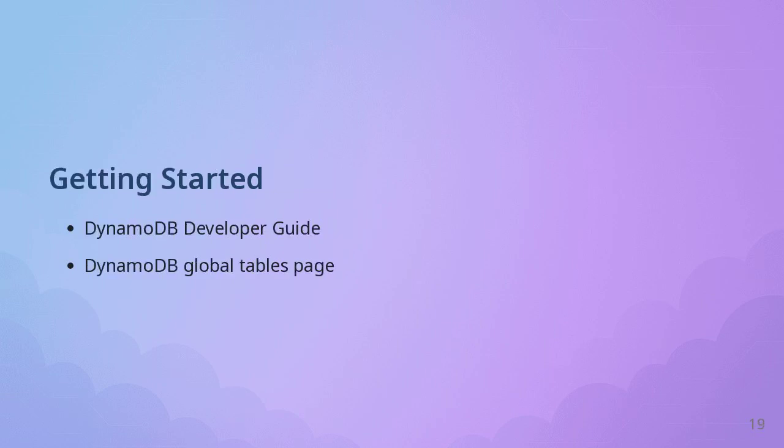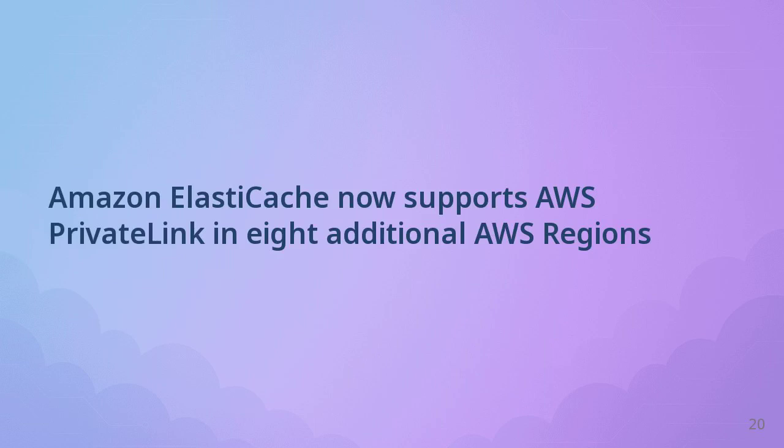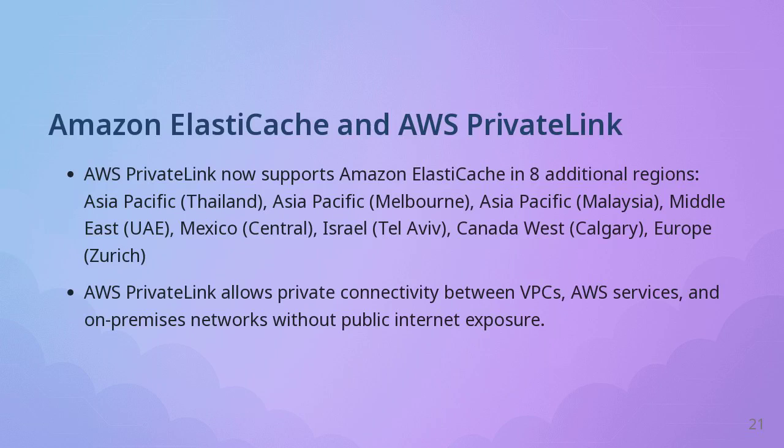Global tables with multi-region strong consistency is billed according to current global tables pricing. To get started, refer to the DynamoDB Developer Guide and visit the DynamoDB Global Tables page to learn more about building resilient multi-region applications.